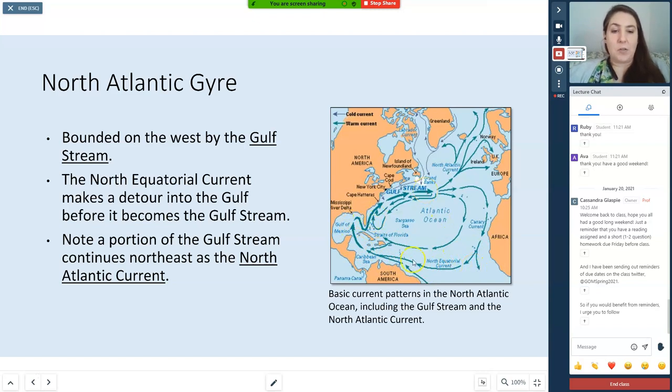So all of that equatorial water eventually finds its way into the Gulf. And then note a portion of the Gulf Stream also continues northeast as the North Atlantic current up here. So all of the water from the Gulf is involved in a circulation pattern that eventually makes its way up into much colder climates, such as Scandinavia and Britain.